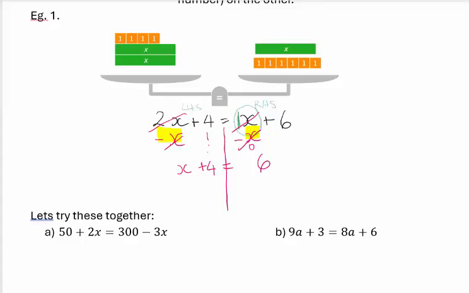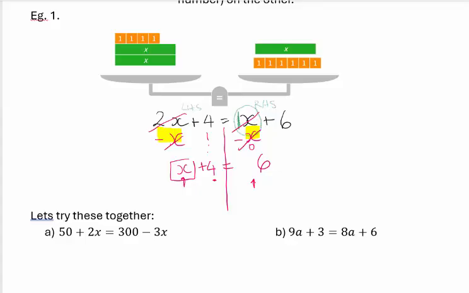So now I've got my pronumeral on the left-hand side all by itself, but I've got a number. Now I've got to get rid of that number, so I can just have this by itself and then the numbers on the other side. So how do I get rid of the positive 4? I use inverse operations.